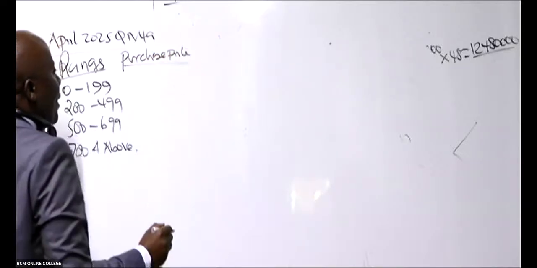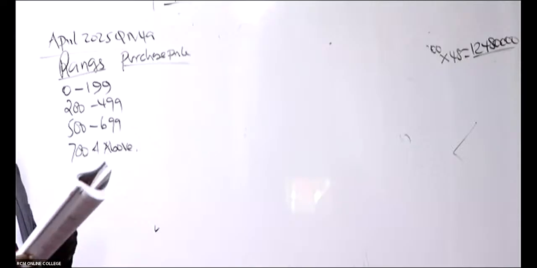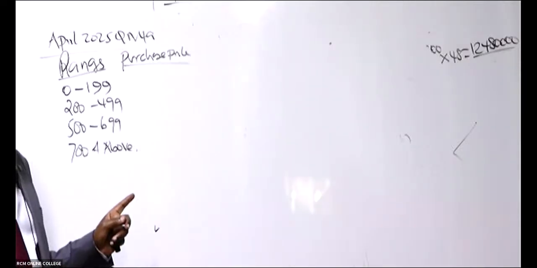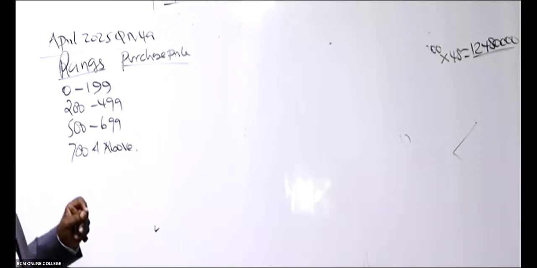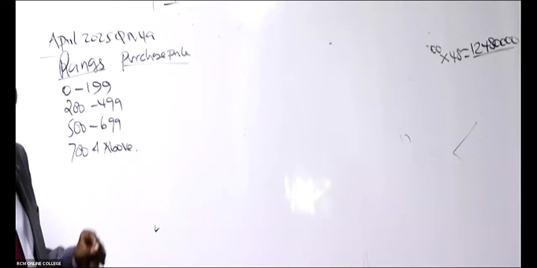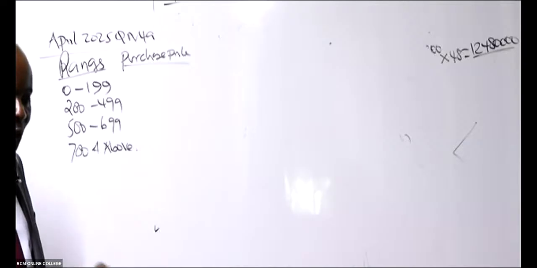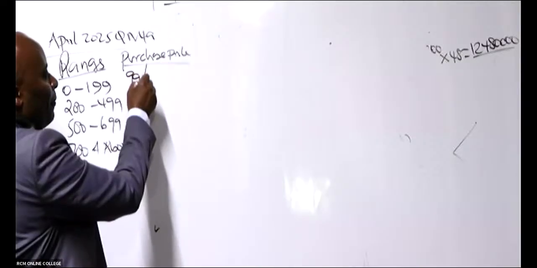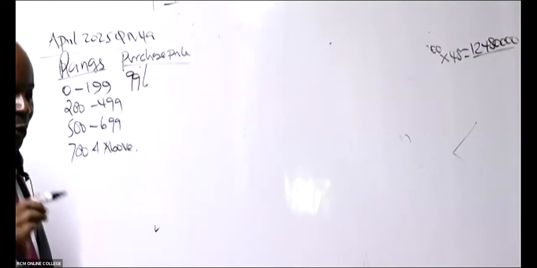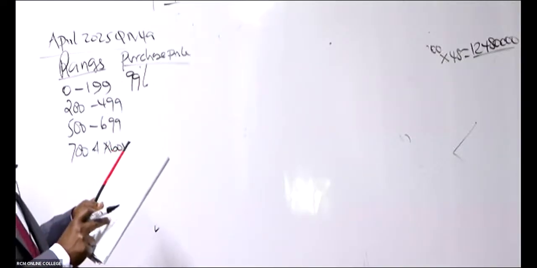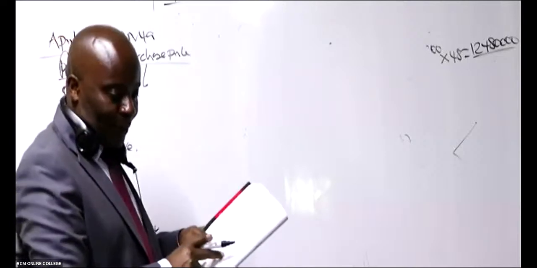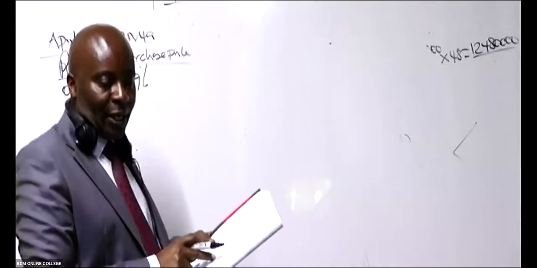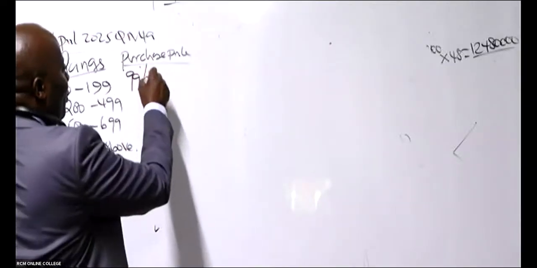If we procure between 0 and 199, we shall get a 1% reduction in price because 1% is the discount. So we shall be procuring these goods at 99%. The very original purchase price is 15. So 99% times 15.